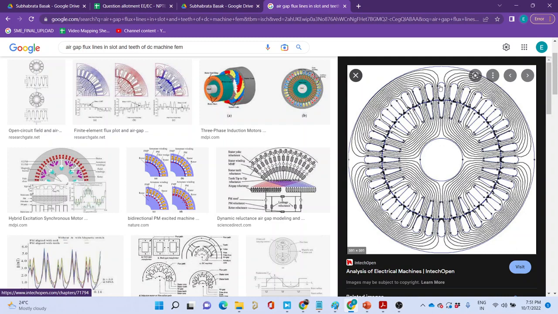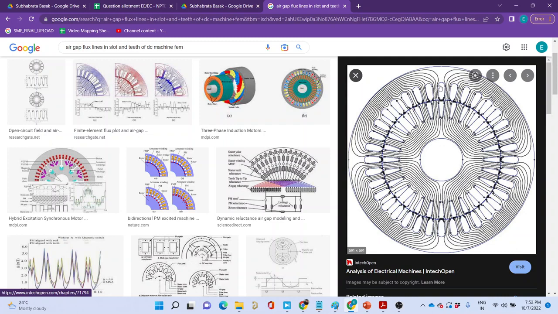I'm giving you an assignment. Draw some poles and below that place some slots, place some conductors in it. In one picture, you say that the conductors are not carrying any current, and draw the flux lines.